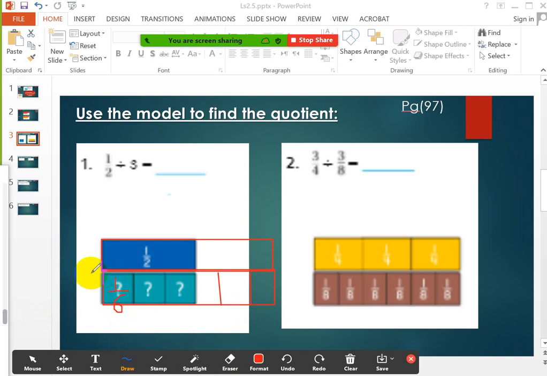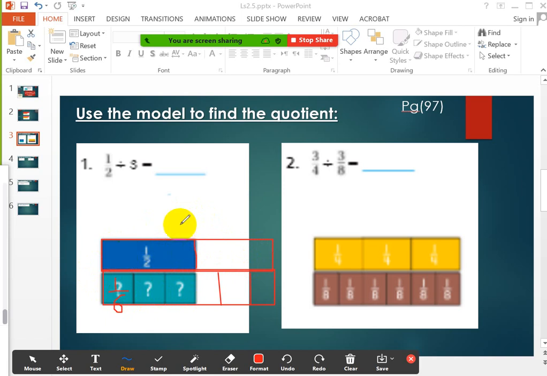Girls, to know the unit fraction or the amount in each part, you have to draw the whole. It's easy for you to understand it. Draw the whole. Look, I have 2 parts of 1 over 2, right? I want to divide just the 1 over 2 into 3 parts.